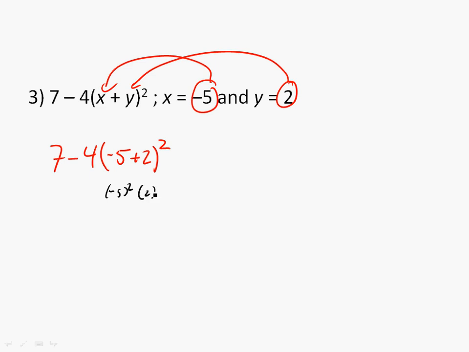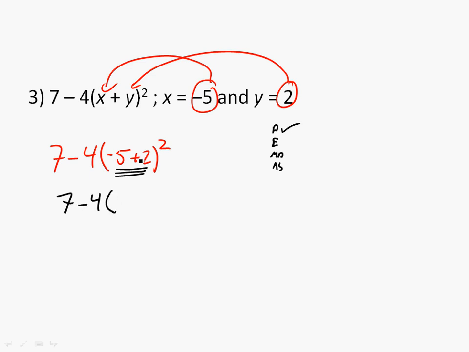However, you've got to remember you've got to go in the correct order of operations. So if I look at my checklist, parentheses, I have some stuff in parentheses here to do, the -5 plus the 2, so that's got to come first.